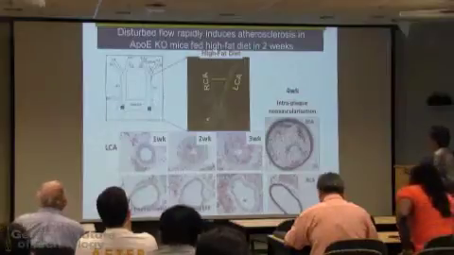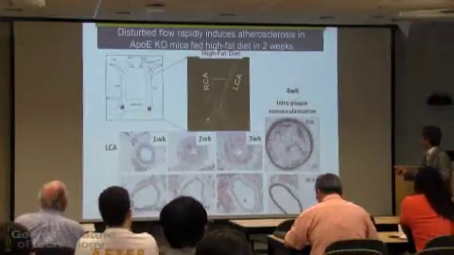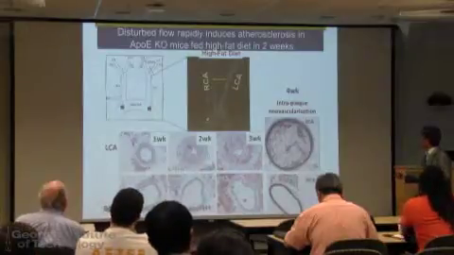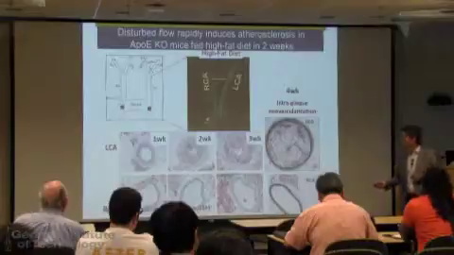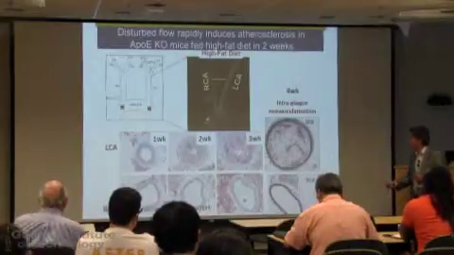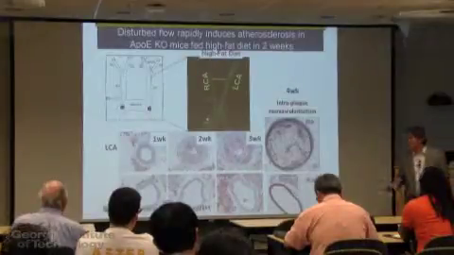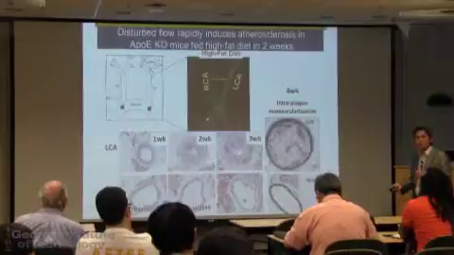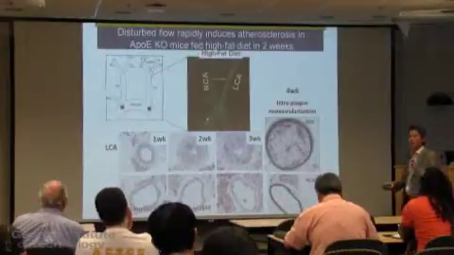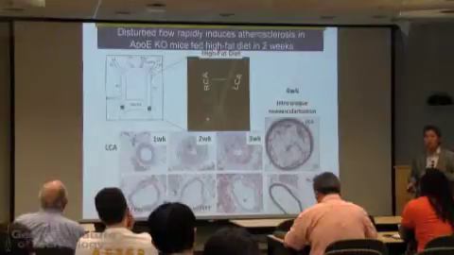This also shows additional signs of advanced lesions, intraplaque neovascularization, and a lot of cholesterol clefts. At the same time, the control side is clean, no atherosclerosis. We have been using this model to understand how atherosclerosis occurs, and for the first time we were able to demonstrate that yes, flow disturbance causes atherosclerosis.